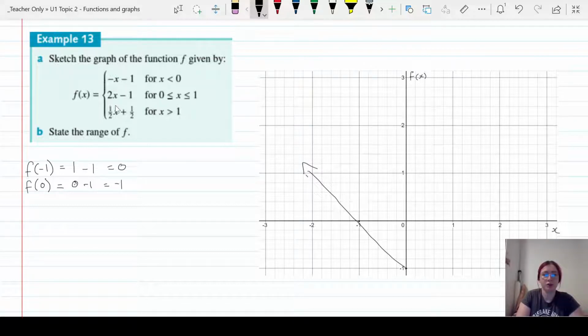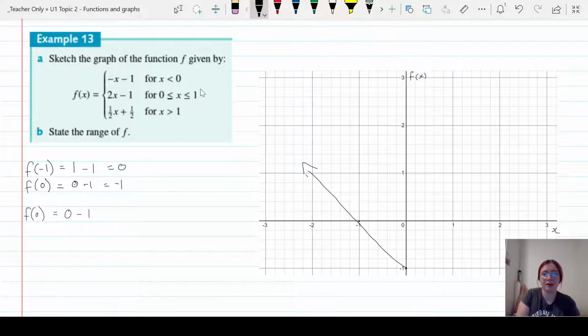Now our second rule, 2x minus 1, between 0 and 1, we would make sure that we know where the endpoint is when x is 0. So 2 times 0 is 0, minus 1. So it's still going to be at that point, which means our line is going to join up. That's not always going to be the case, so it's always a good idea to check.